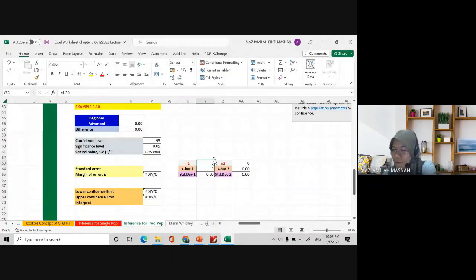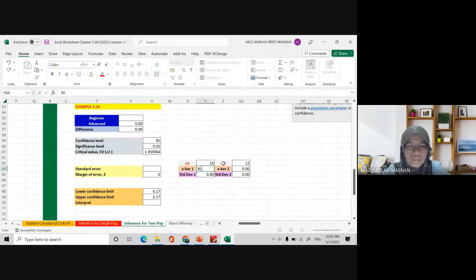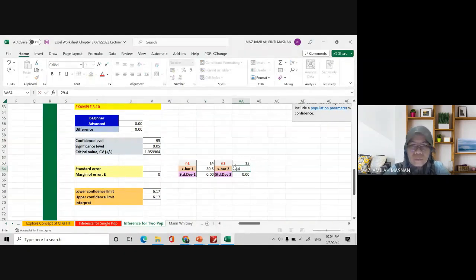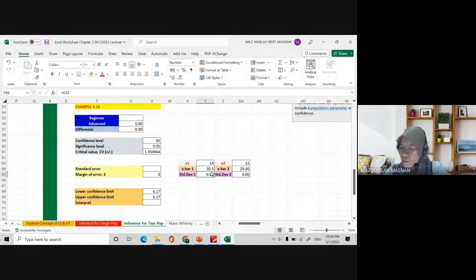Now, two machines are used to fill. N1 is 14, N2 is 12, X bar 1 is equal to 30.5, and X bar 2 is equal to 29.4. Now look at the information on the standard deviation.